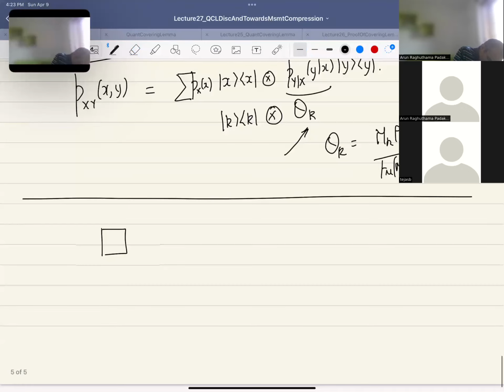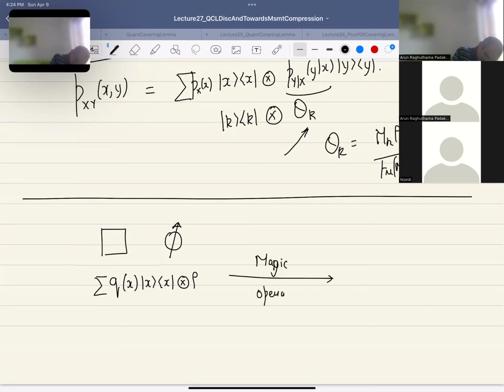So suppose I have a pre-process classical register and quantum state. In this state, I do some magic operation. Not a measurement operation anymore, some magic operation. And I end up with P of K tensor theta k, where theta k is mk rho mk dagger.